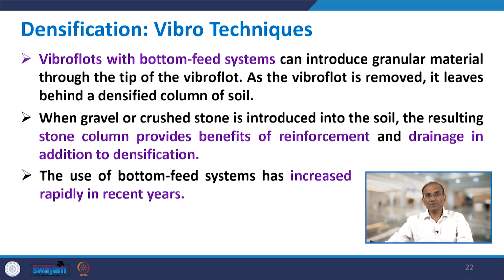Vibro floats with bottom feed systems can introduce granular material through the tip of the vibro float. Bottom feed system means it should go first to the bottom, and then only come towards the top. As the vibro float is removed, it leaves behind a densified column of soil.